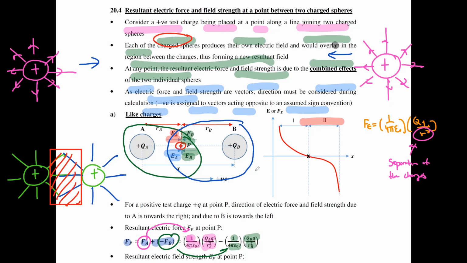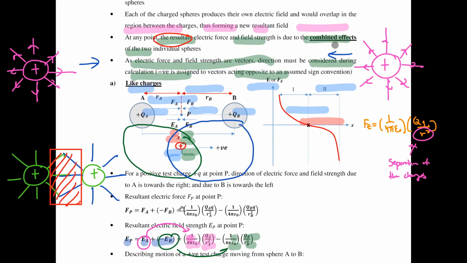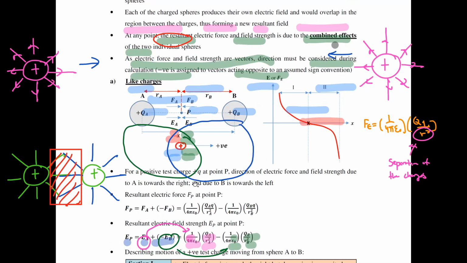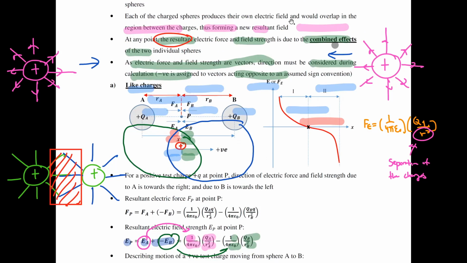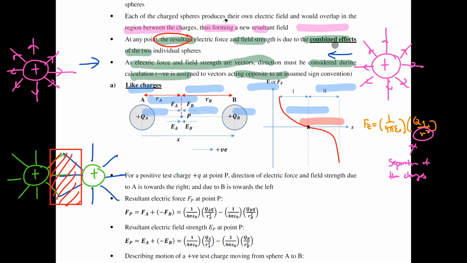So same thing, if you now want to find out the resulting electric field strength at that point, all you just need to do is add them up. In your case, it will actually be EA plus negative EB, because EB now is acting in the opposite direction. Okay, there's a negative to consider.